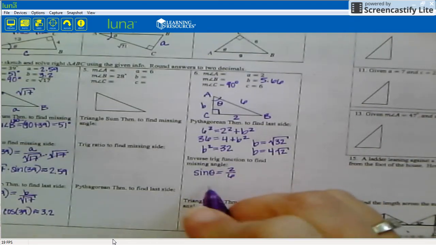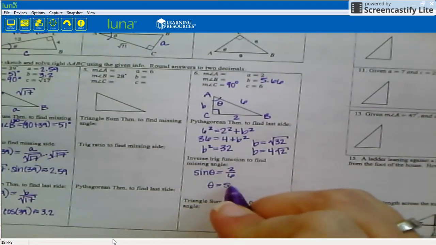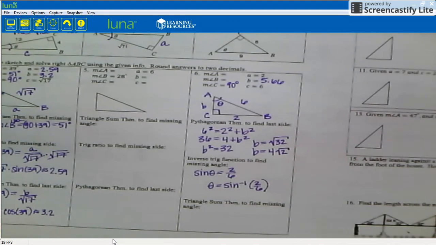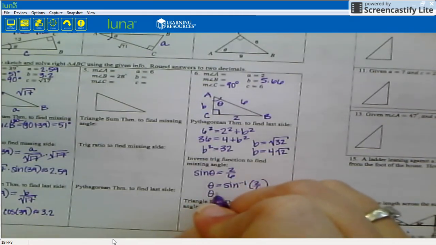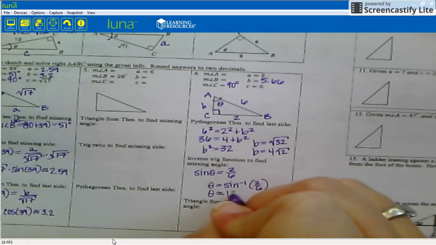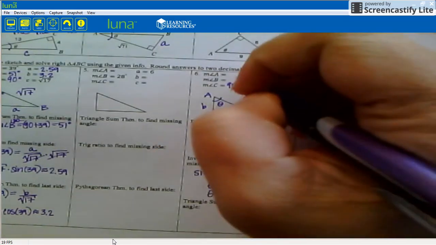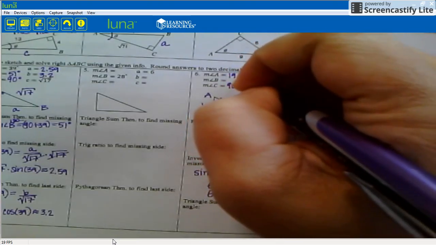So when I solve for theta, then I have to use the inverse of sine for 2 over 6. So when I put this in the calculator, I'm still going to use the sine key, but I have to use second sine to get that inverse function. And I just evaluate it for my ratio. And theta is going to be approximately equal to 19.47. So angle A is about 19.47.